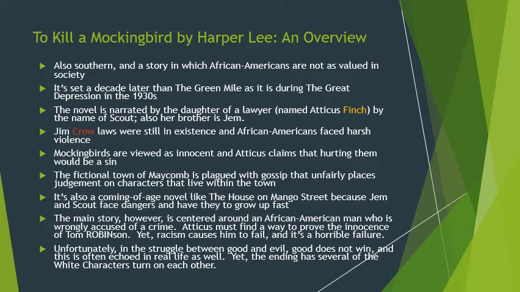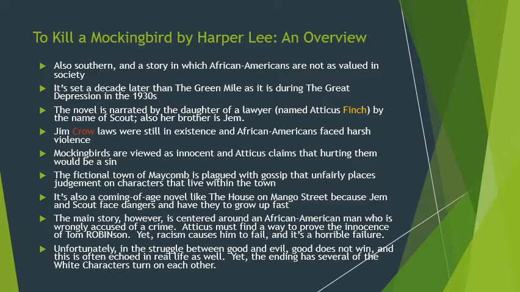Just like John Coffey, Tom Robinson ends up, well, shot. I mean, it's just sad how Atticus Finch, the lawyer, Scout's father, tries so hard to prove innocence and fails ultimately.